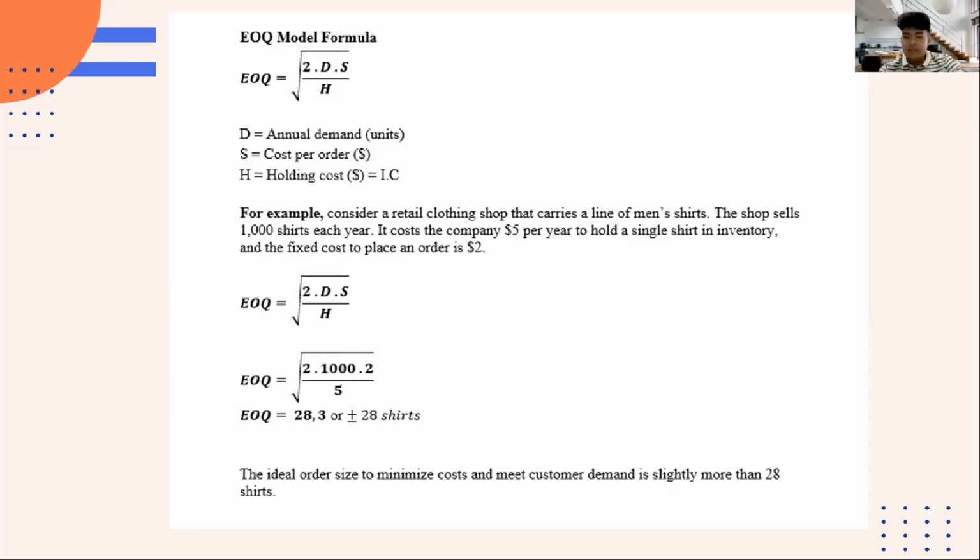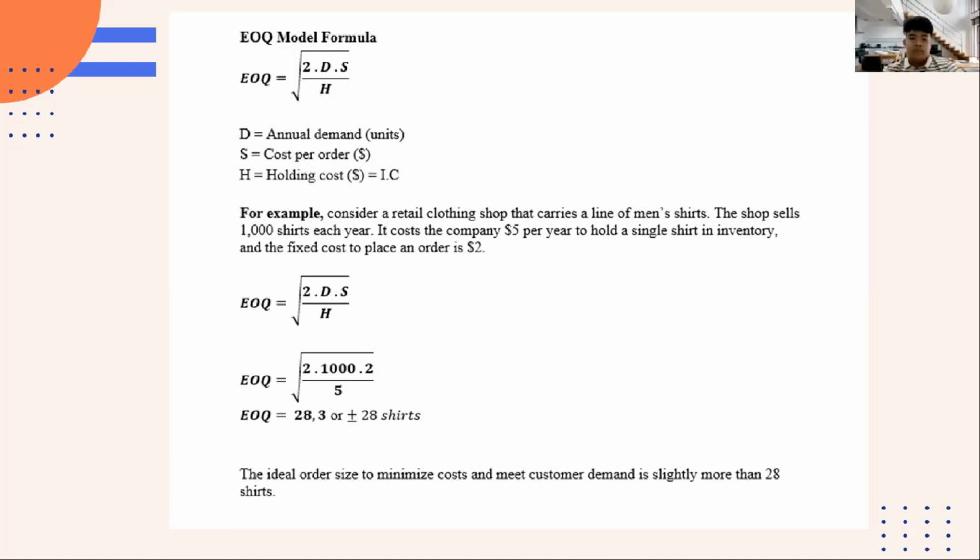For example, consider a retail clothing shop that carries a line of men's shirts. The shop sells 1,000 shirts each year. It costs the company $5 per year to hold a single shirt in inventory, and the fixed cost to place an order is $2.